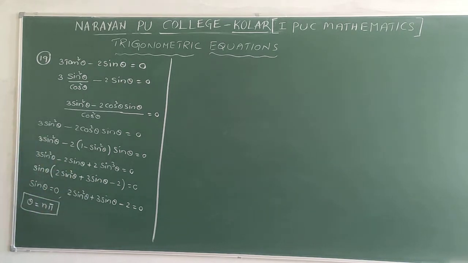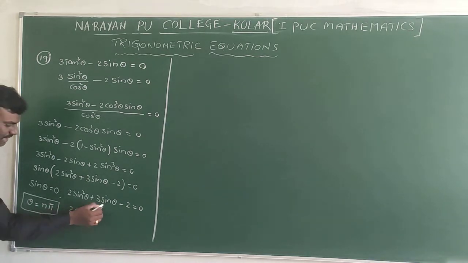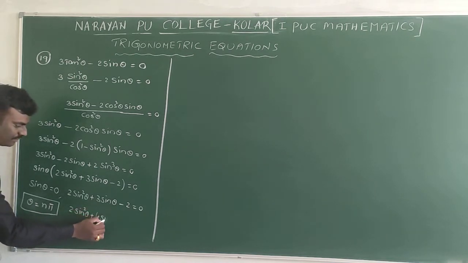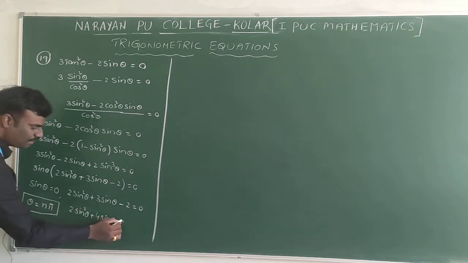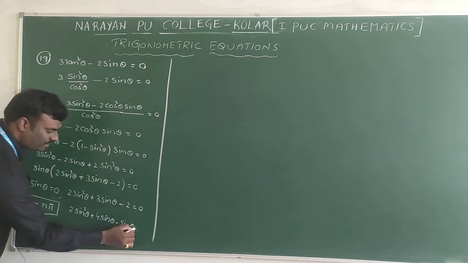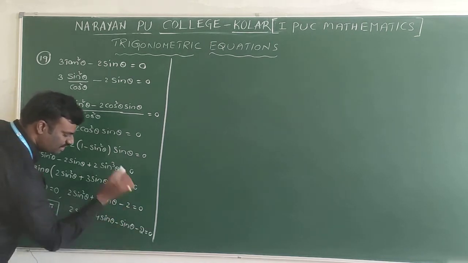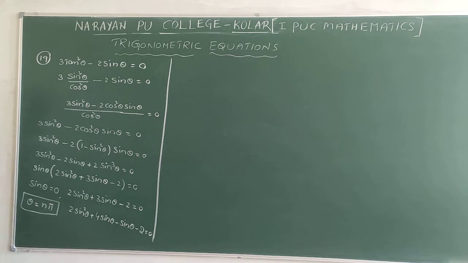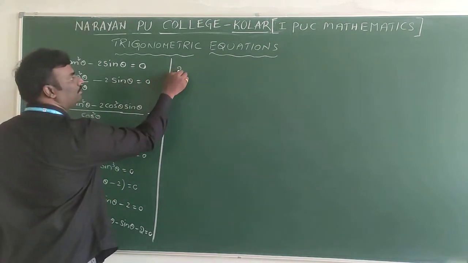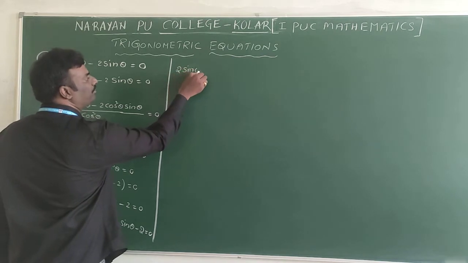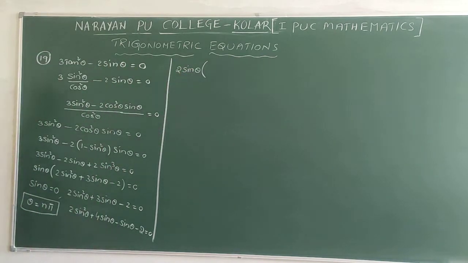Now this one, you factorize. It can be written as 2 sin square theta plus 4 sin theta minus sin theta minus 2 is equal to 0. In these two terms, I can take 2 sin theta common, which gives 2 sin theta into sin theta plus 2.